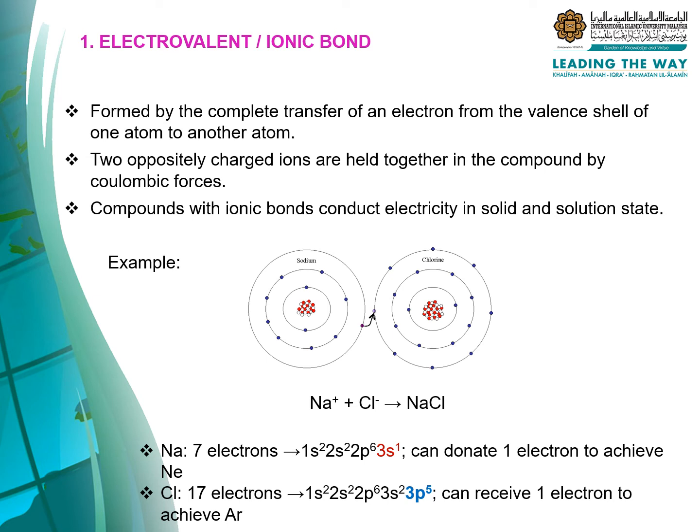In an ionic bond, two oppositely charged ions are held together in a compound by Coulombic force. For example, sodium and chlorine. Sodium has 11 electrons with the valence configuration 3s1 and can donate 1 electron to achieve the neon configuration, and chlorine has 17 electrons, 3p5, and can receive 1 electron to achieve the argon configuration.